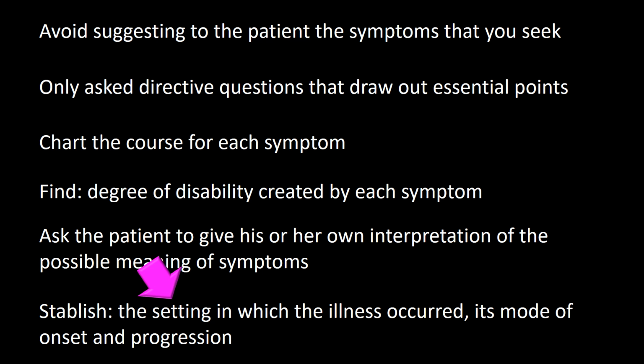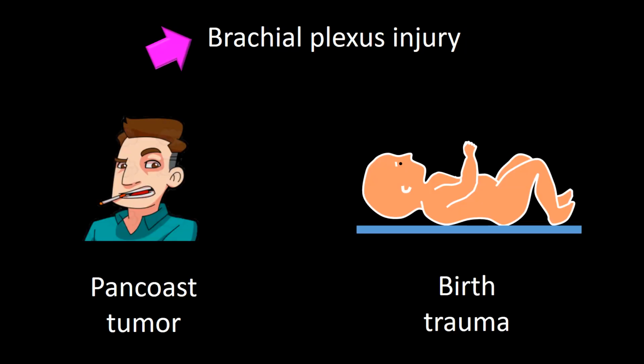I will first talk about the setting in which the illness occurs. A brachial plexus injury in a smoker is likely due to a pancreas tumor. A brachial plexus injury in a neonate is likely due to breast trauma.